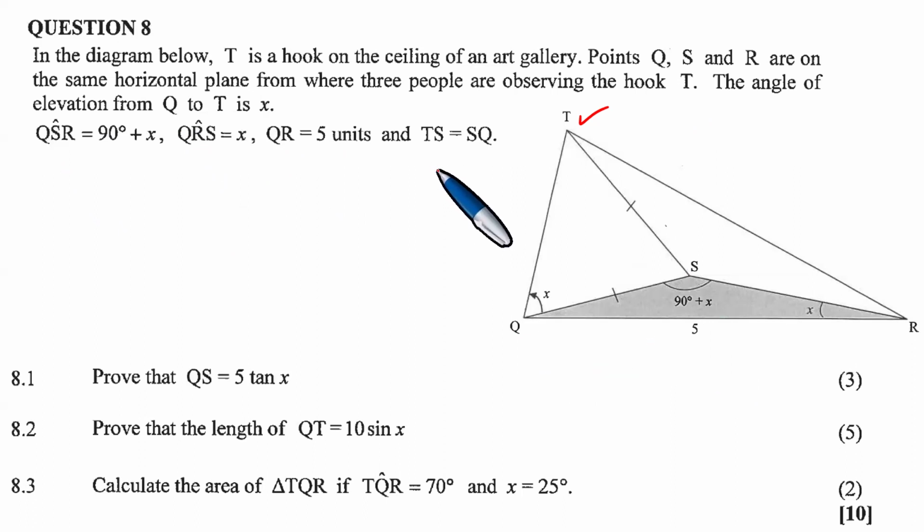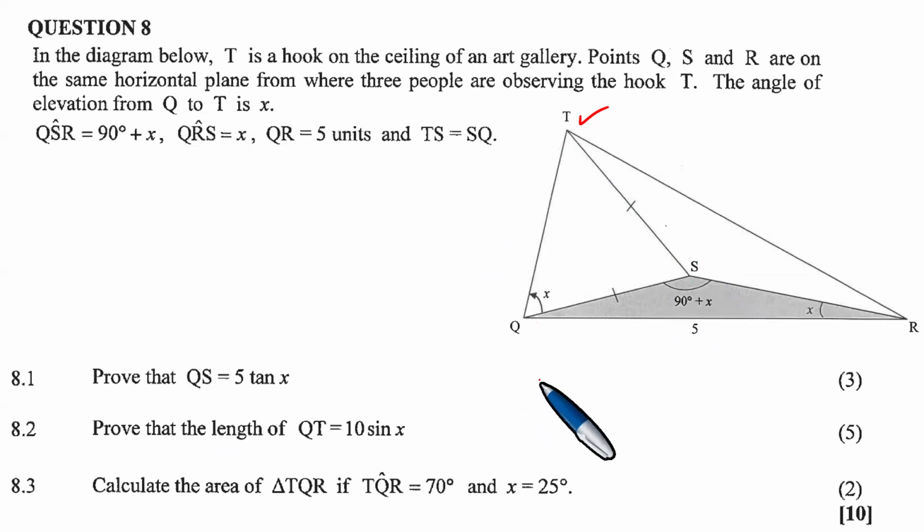TS is SQ, so TS is equal to SQ in length. Prove that QS is 5 tan X.